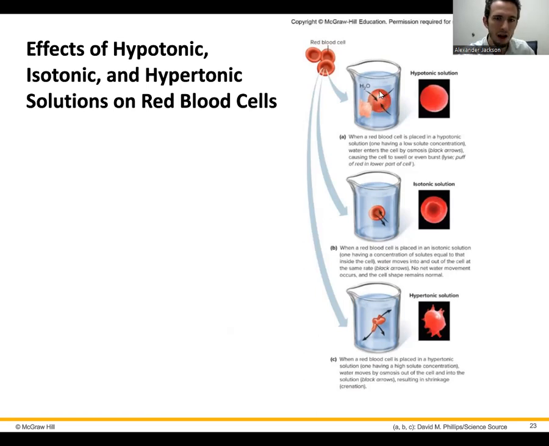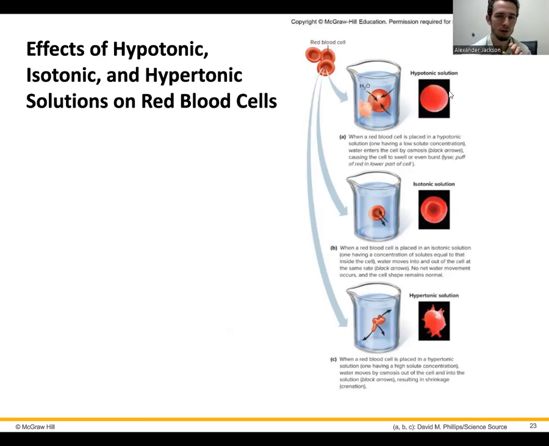So what does that mean? The blood cell has more stuff dissolved in it, and the stuff outside does not. So there's more water outside, less water inside. Where's water going to move? Into the cell, and the cell will bulge up. So this is a red blood cell. It's supposed to look like this, but it bulges up because water moved into it.